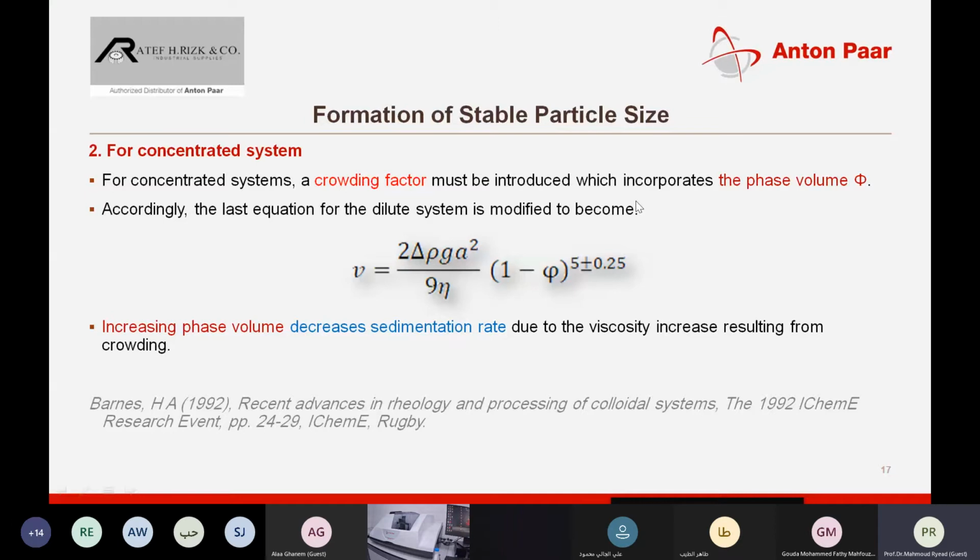According to this equation, nu equals delta rho g r squared divided by 9 eta, multiplied by (1 minus phi) to the power of 5 over 2, minus 0.25. Accordingly, increasing phase volume decreases the sedimentation rate due to the viscosity increase resulting from crowding.